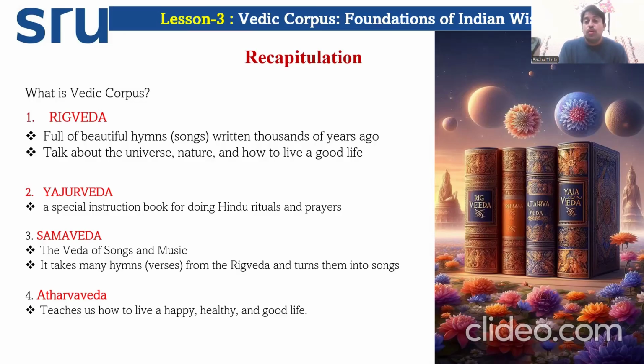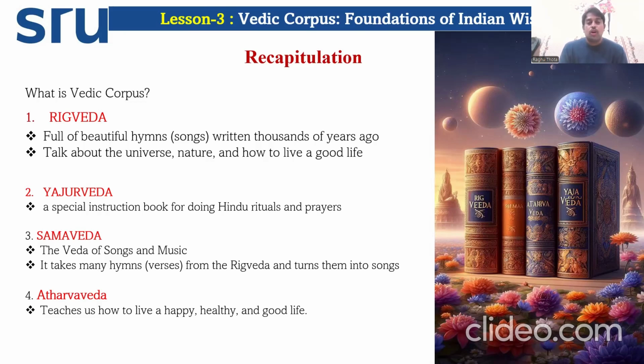It is a book of rituals and pujas: how to perform the puja step by step, how to perform prayers to God. Everything was explained in a very detailed, step-by-step process, and that Veda is named Yajurveda.